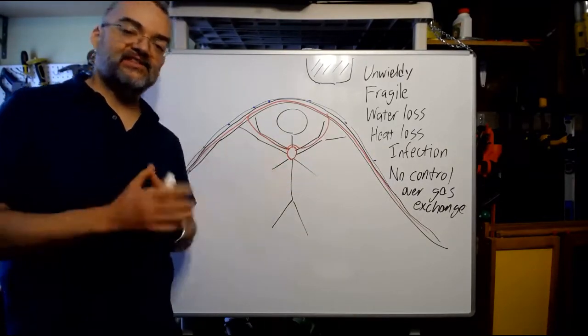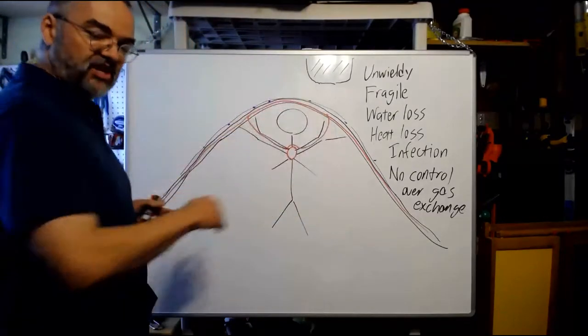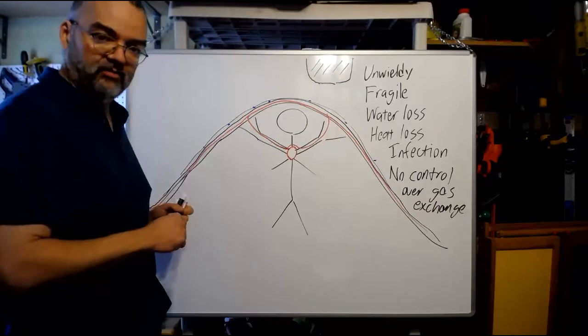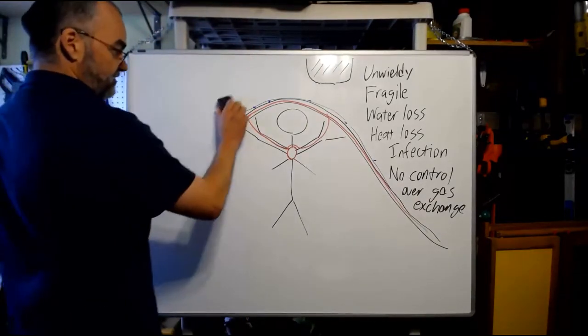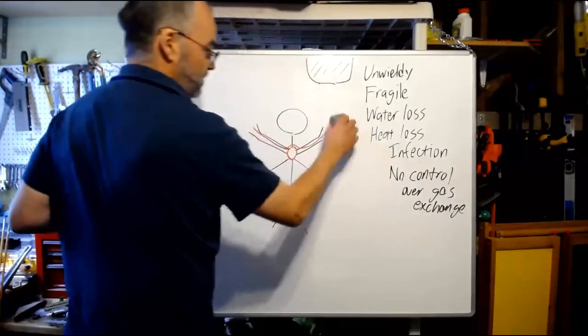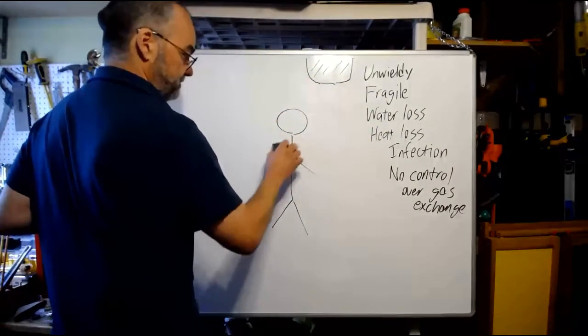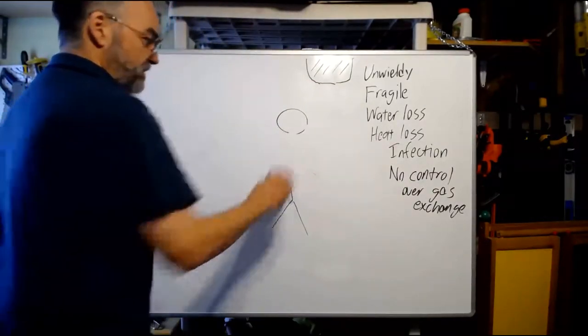So if this isn't how we do it, how do humans get that large exchange surface without these problems? Well, let's get rid of this weird idea. I'll leave my list of problems so we can determine if we've solved them. And how we do it.